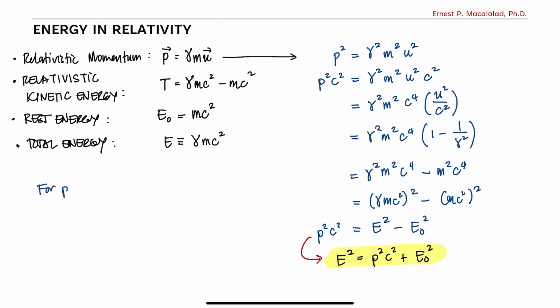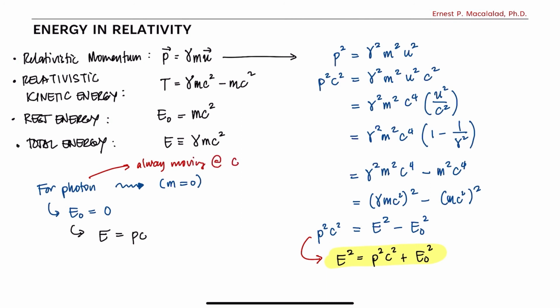For instance, a photon, which is the particle of light, is considered to be a massless particle, so its rest energy should be equal to 0. Hence, the energy of a photon, which is traveling at the speed of light, is given by E equals pc. This physically means that a photon is never at rest. It's always moving at the speed of light.